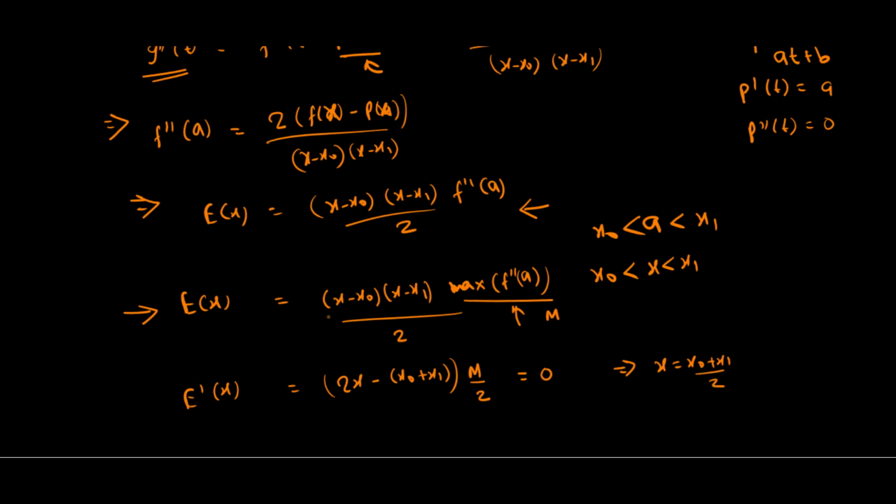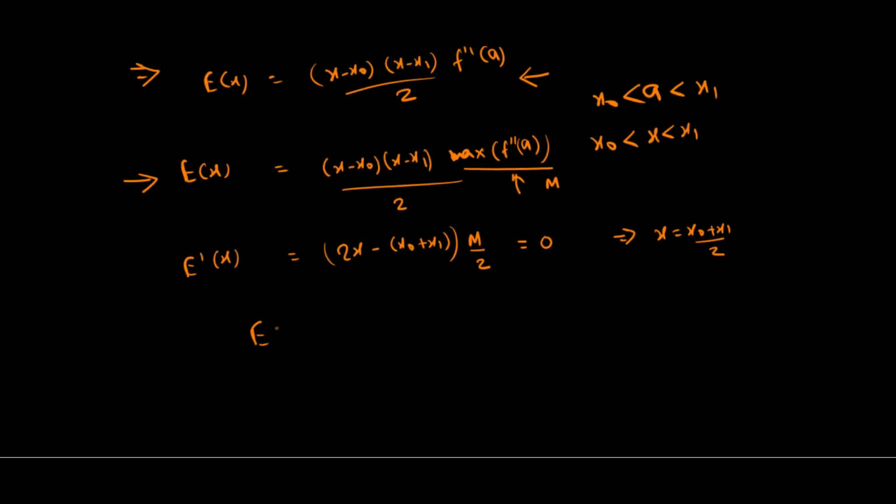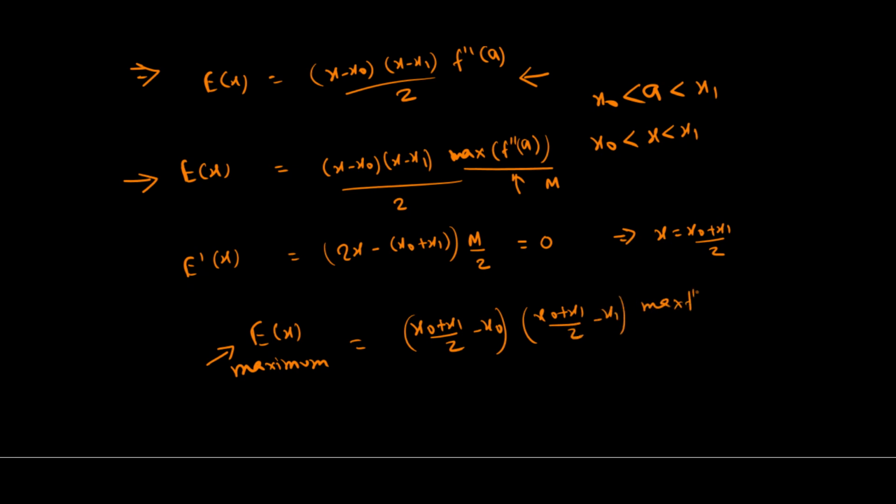and replacing the value of x with x naught plus x1 by 2 in this error term, what we'll get is the maxima of error term, the maximum value, is equal to x naught plus x1 by 2 minus x naught into x naught plus x1 by 2 minus x1 into maximum of f double dash of a by 2.